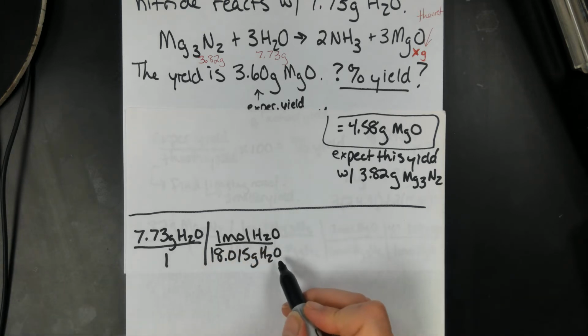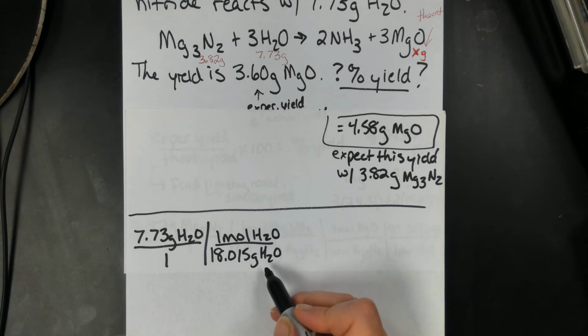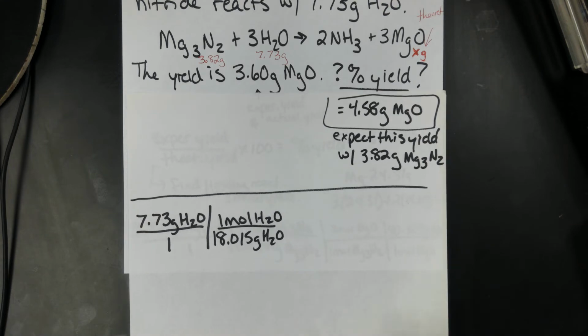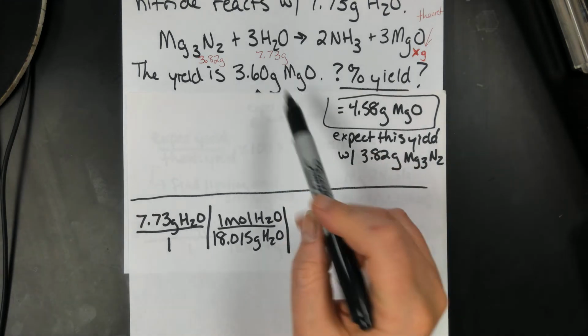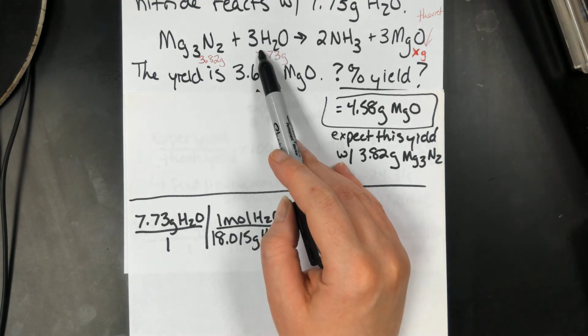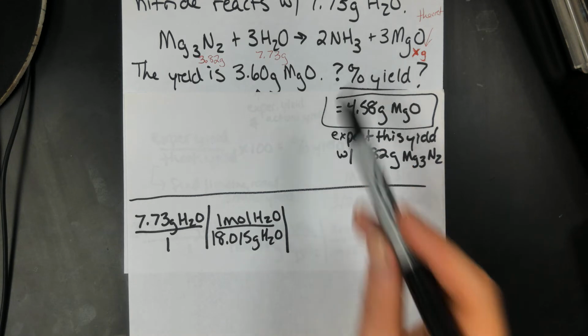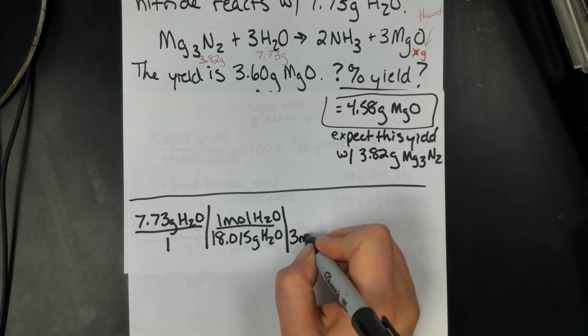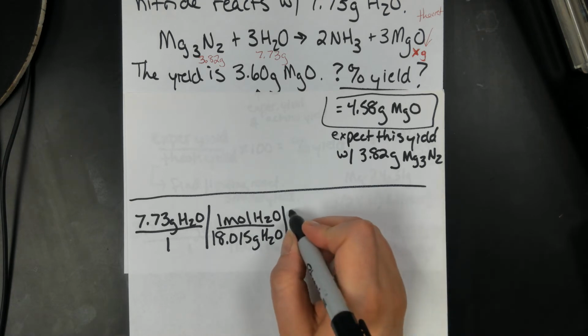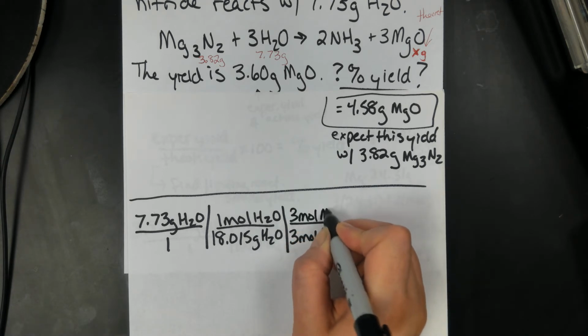It's 1 oxygen plus 2 of the masses of hydrogen from the periodic table, right? So then, now that I'm in moles, I can compare mole to mole. Looks like I have 3 moles of water for every 3 moles of magnesium oxide.